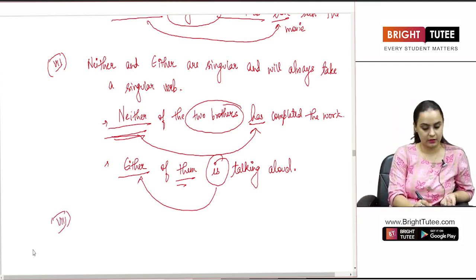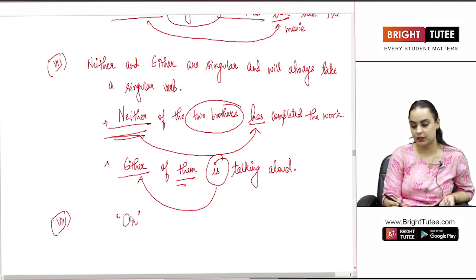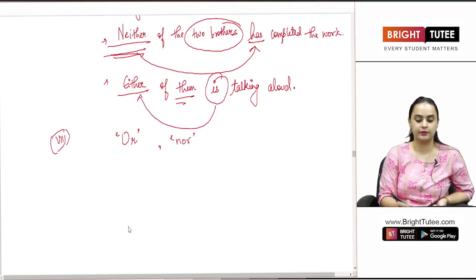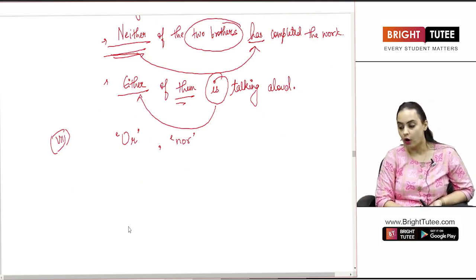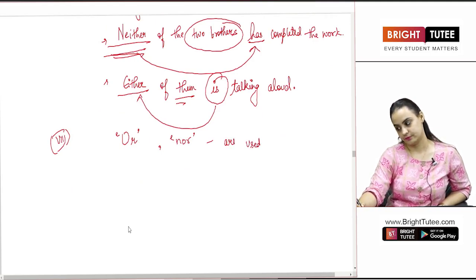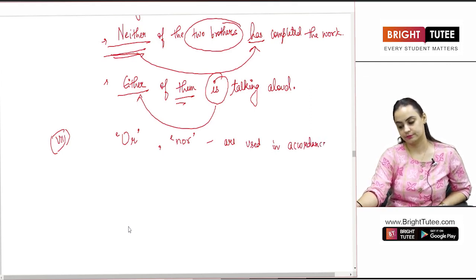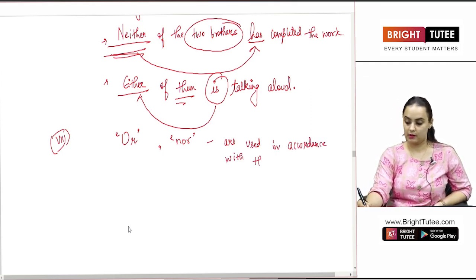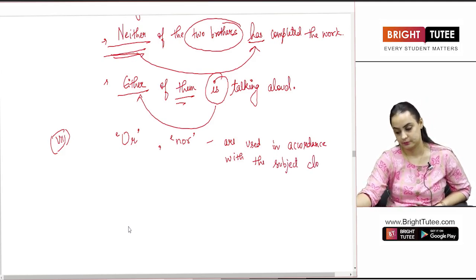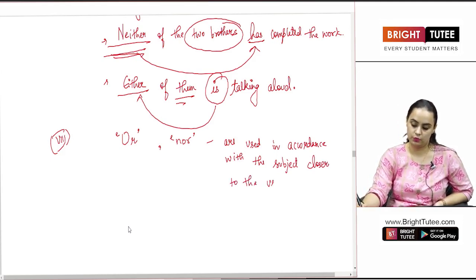Next, the usage of the conjunctions "or" and "nor." Now these two conjunctions, "or" and "nor," are used in accordance with the subject closer to the verb.